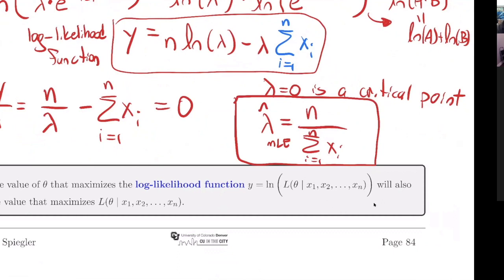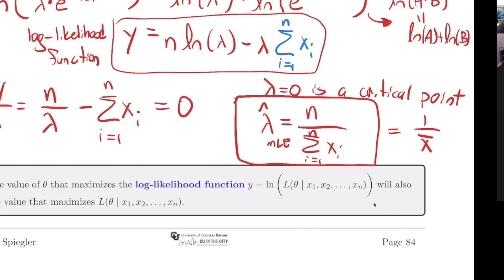So that actually gives us the maximum likelihood estimate for lambda. And keep in mind that that sum of xi's divided by n is just the sample mean. So we're getting something consistent with lambda usually being 1 over the mean of the population.